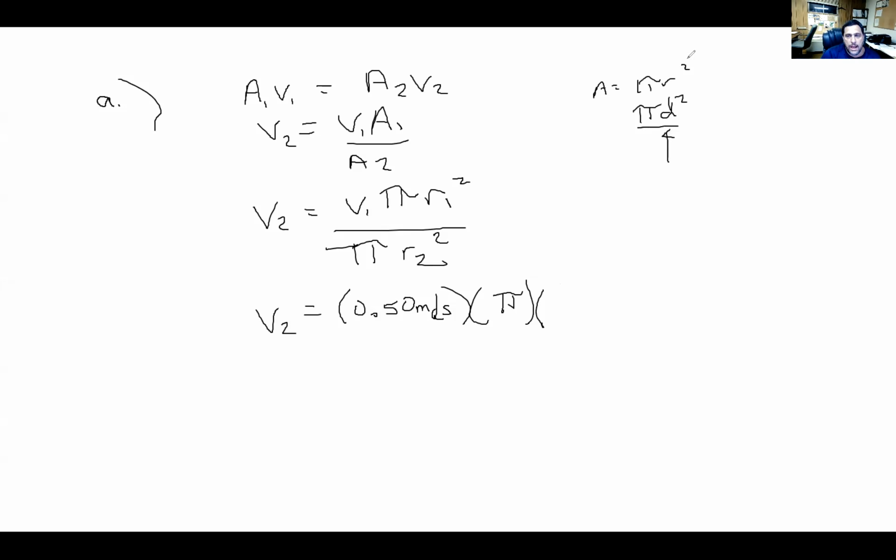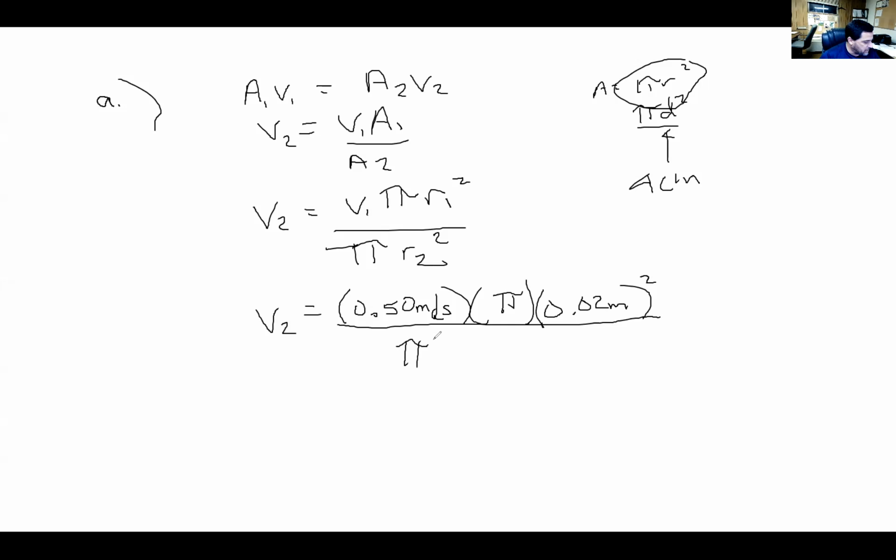It's up to you. I'm doing this one. We were given a diameter in the basement of 4 centimeters. The radius is going to be 0.02 meters. So be careful with that and be careful with what you're given.